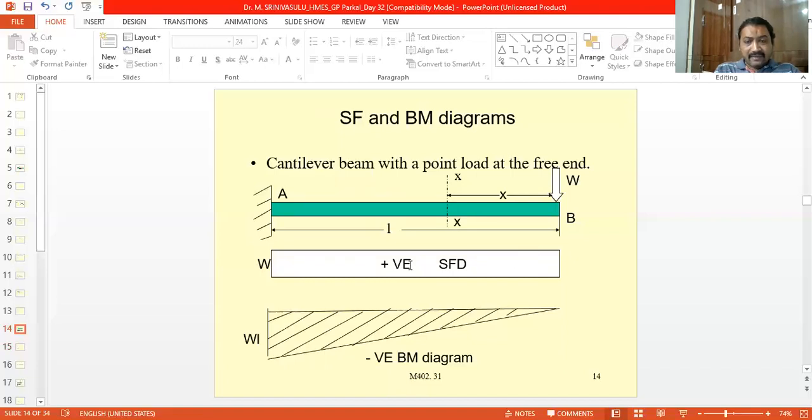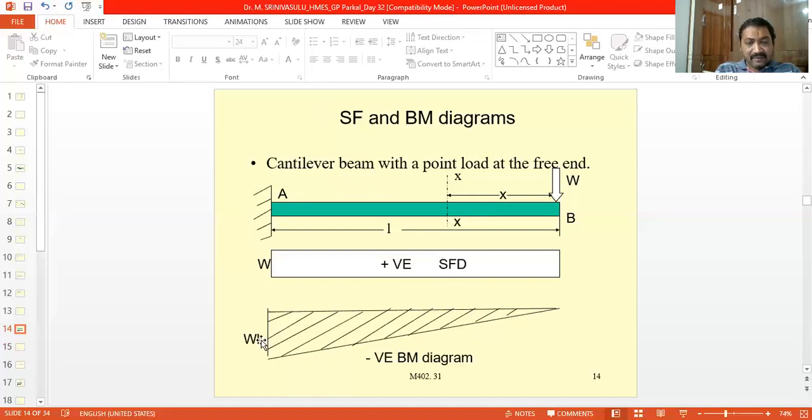At point X it is the same, that is W, and at point A also its value is plus W. Therefore, we have to join with a rectangle. So throughout the length it is the same, and its value is equal to plus W newtons. This is the shear force diagram.